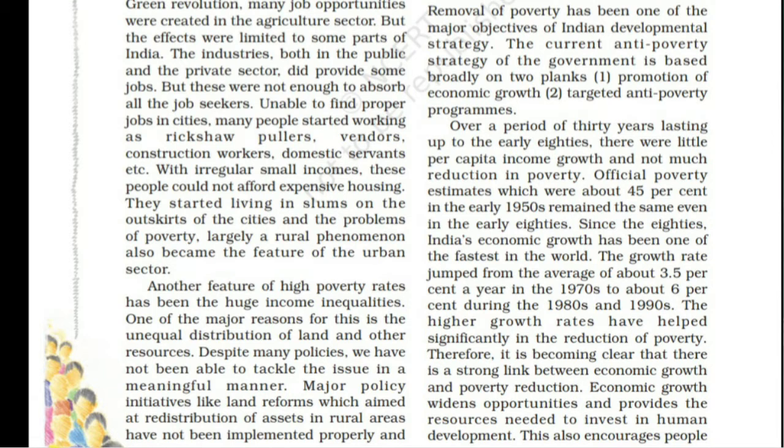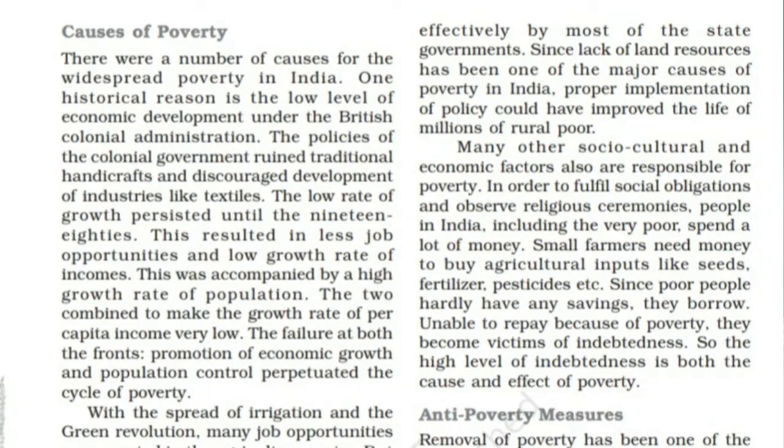So what happened? Lack of land resources became one of the major causes of poverty in India. Proper implementation of policy could have improved the life of millions of rural people. But those policies were not properly implemented.